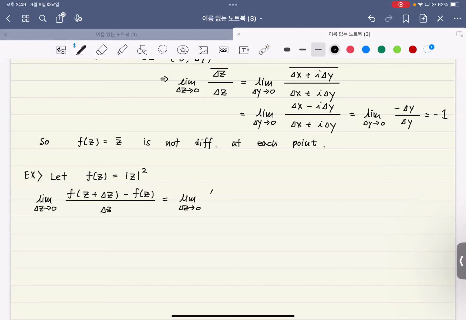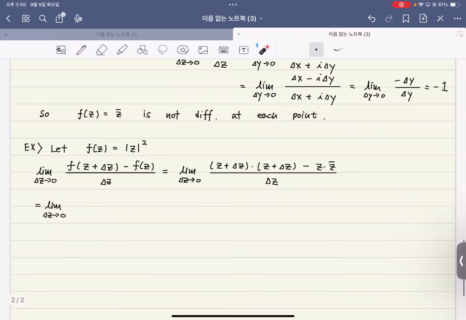And modulus squared is actually, in fact, just a complex number multiplied by its own complex conjugate, minus z times the z bar and everything over delta of z. So this is, okay. Oh, sorry, I forgot to add the complex conjugate.